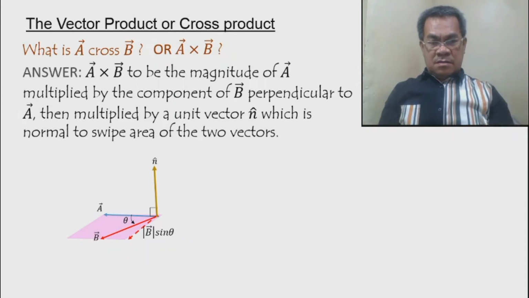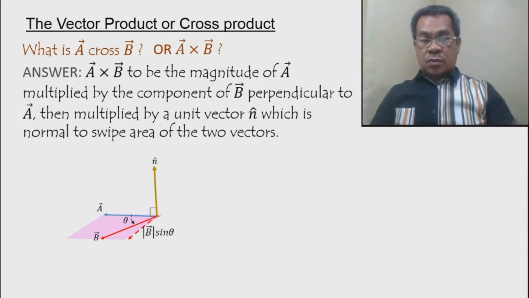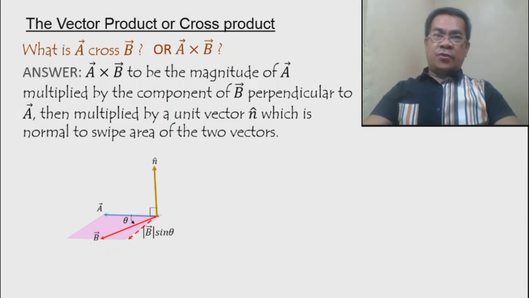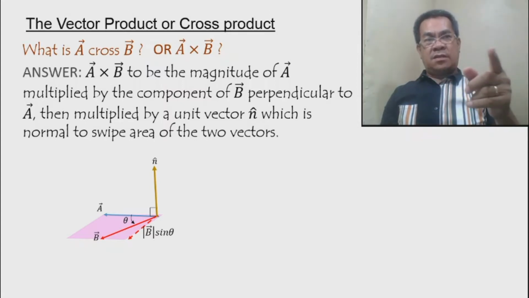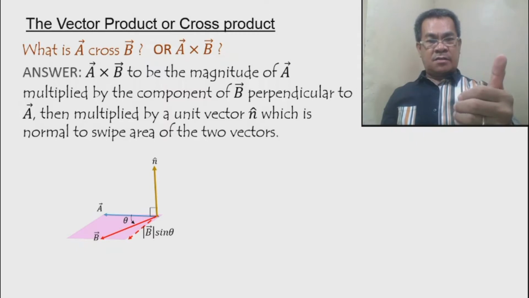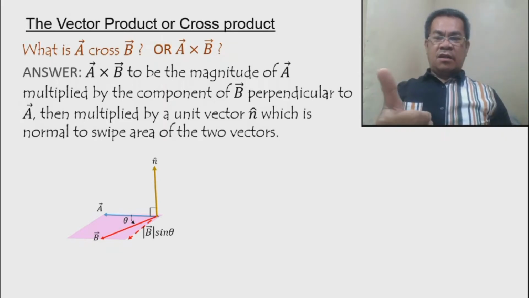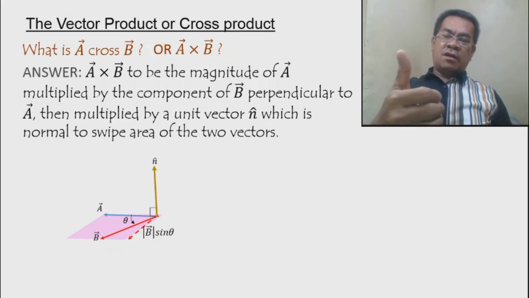So it is just like a screw. When you drive the screw, it penetrates the wall, you have to rotate it in a right hand rule. So you can put your thumbs up, then the curl of the fingers will be the direction of the swipe area.